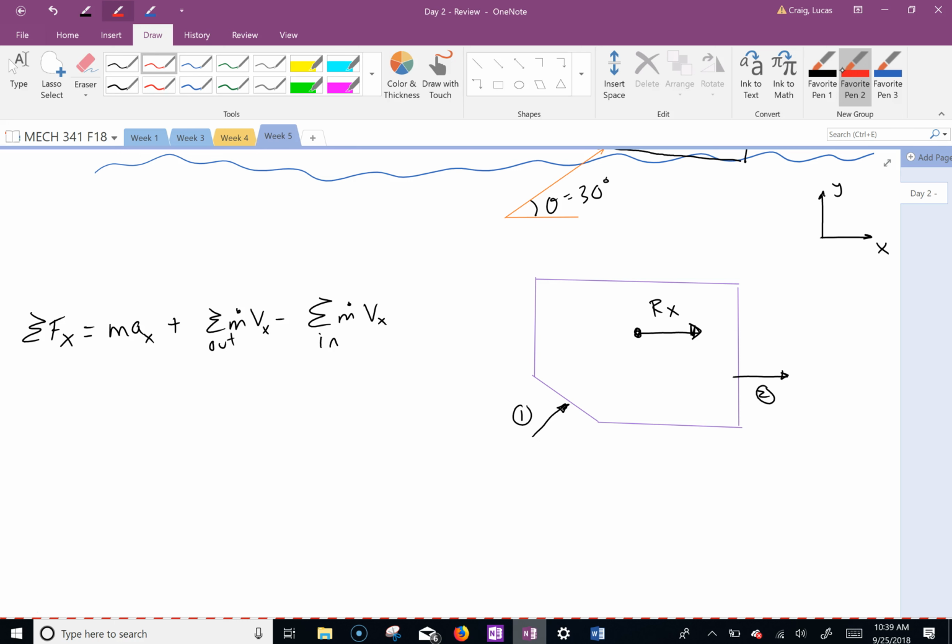So he's moving at constant speed, so that term is 0. So anytime it's constant speed, or if it's stationary, okay, so I could give you one of those two, it's going to be 0.